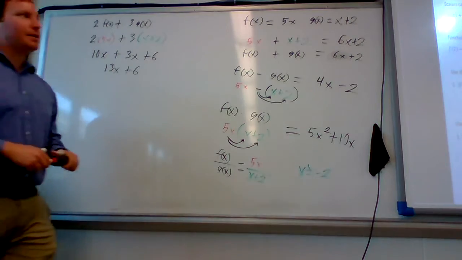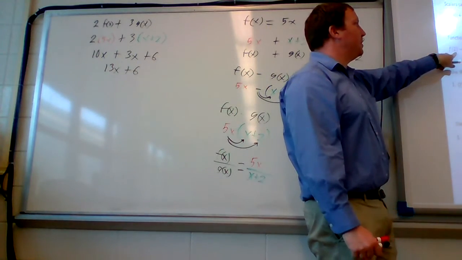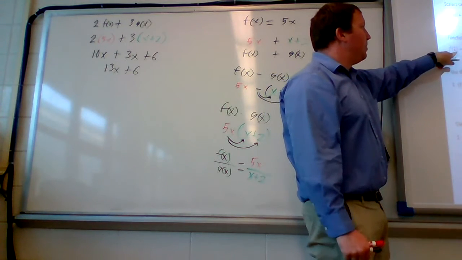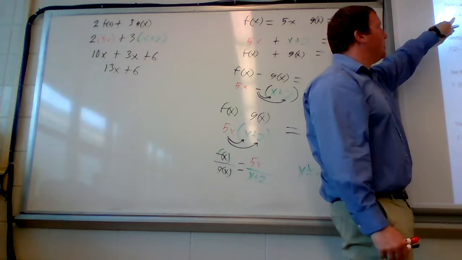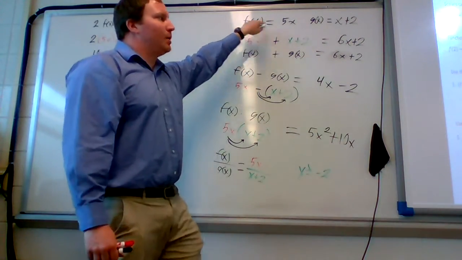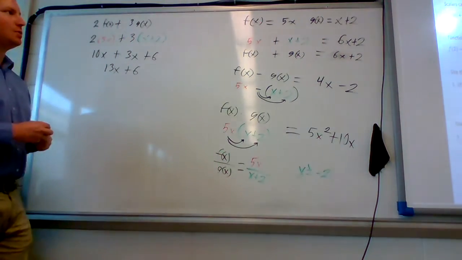And the last thing is we can also take our functions and replace our x, or our variables, with a specific value. So whenever you have a number in the parentheses rather than a variable or an x, they're replacing that x with that number. So we've got f of 2 minus g of 2.